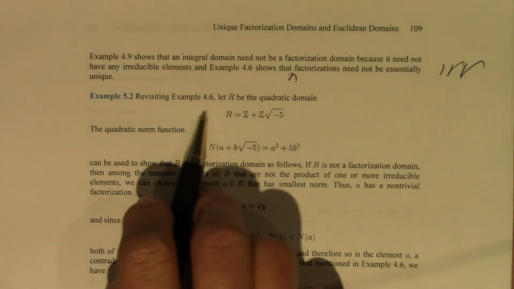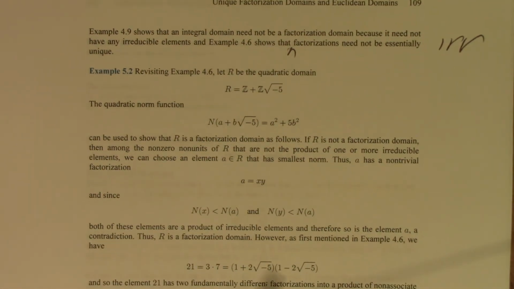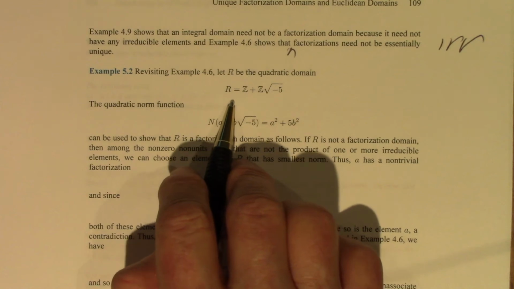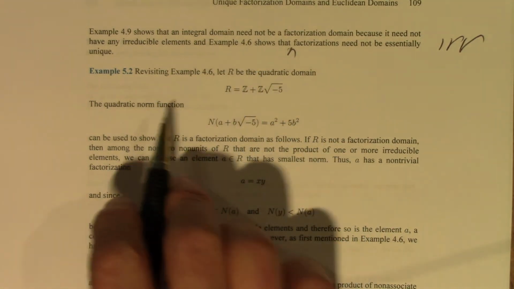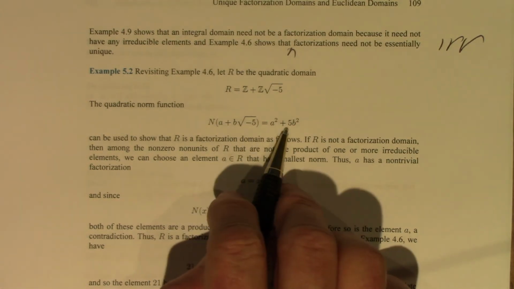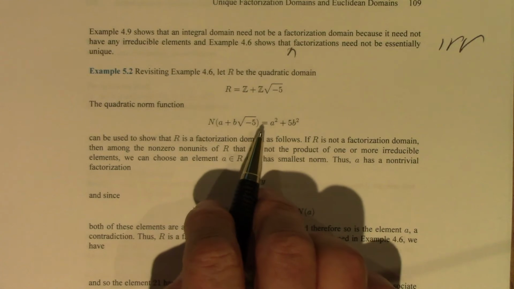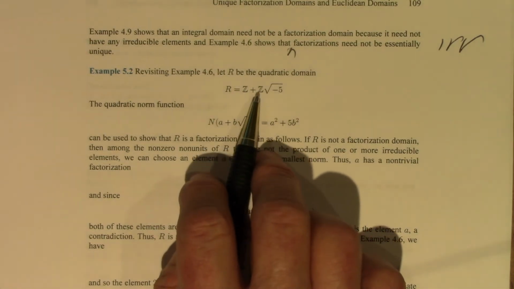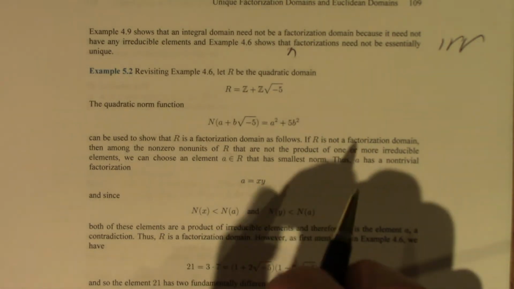If we take another look at example 4.6, we can learn some more. This was the quadratic domain, and this was the quadratic norm. It's the square of the complex norm. This norm can be used to show that this domain is in fact a factorization domain, and it's quite easy.